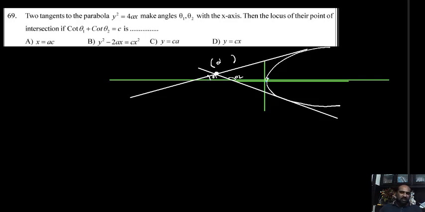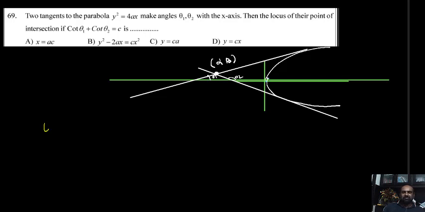Let the point of intersection of the tangents be alpha comma beta. We want to find the relationship between alpha and beta, and at last I will write x instead of alpha and y instead of beta, and from that I will get the required locus.